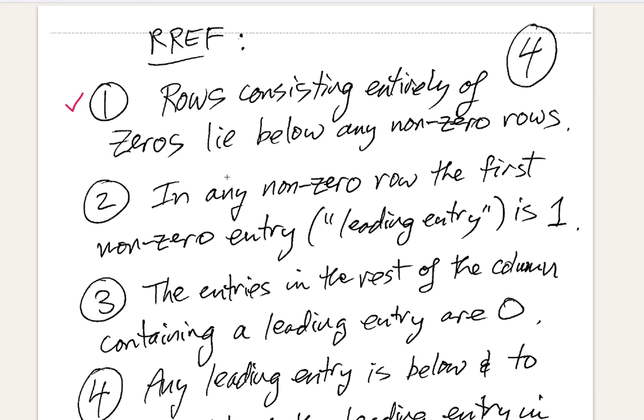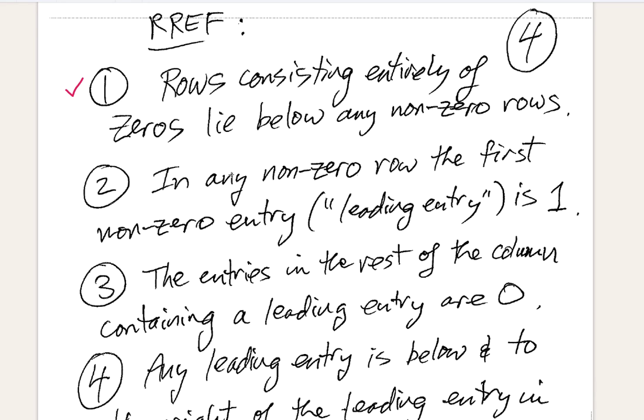Now, we'll be looking at different examples of these, so you shouldn't get confused here. In any non-zero row, meaning some entry is non-zero, the first non-zero entry, reading from left to right, like we do in the West reading a book, what we call the leading entry in that row, better be 1.